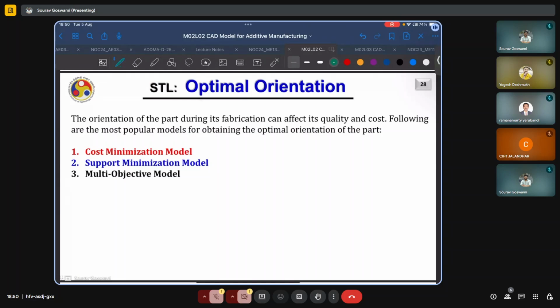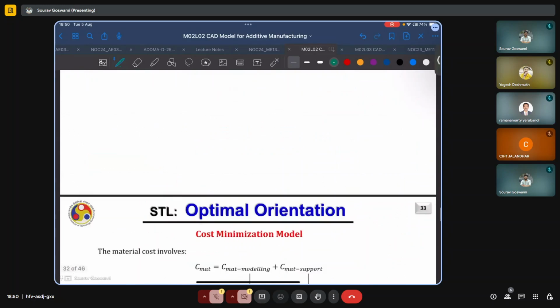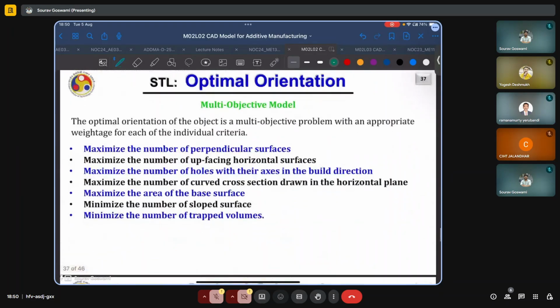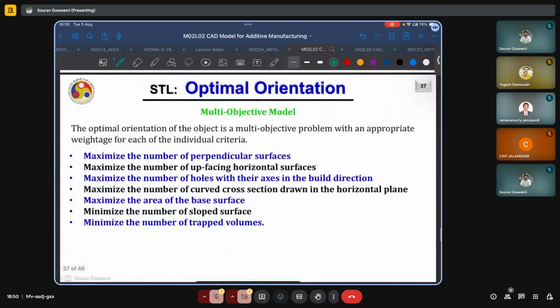Or you can have a multi-objective model where you have multiple objectives and you assign weights to each of these objectives depending on how important they are, and you ensure that some extent of each is achieved. So all of these were discussed in detail, and I'll just touch on the multi-objective model and some of the interesting objectives which I put forth.